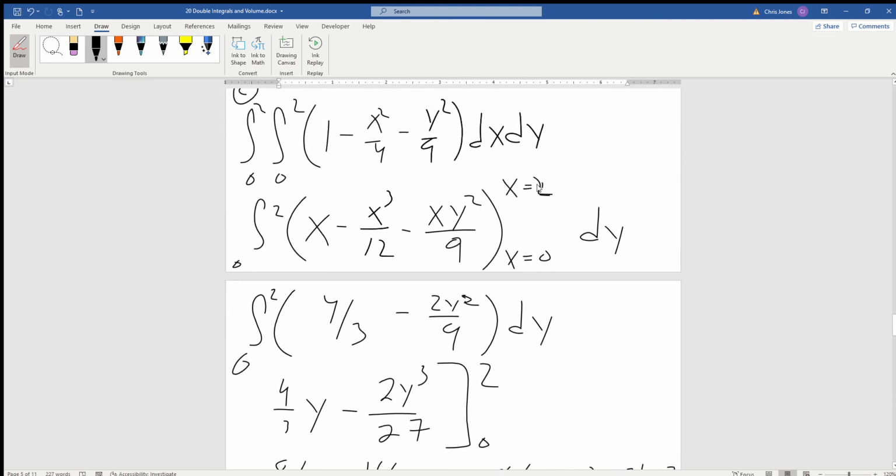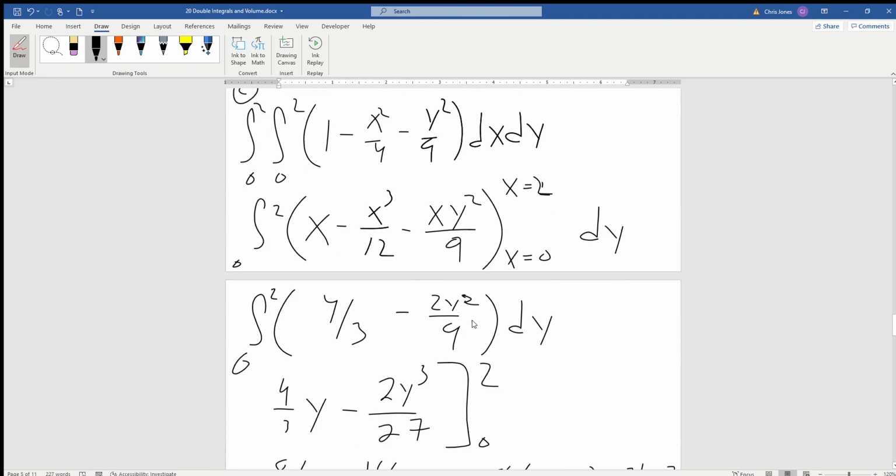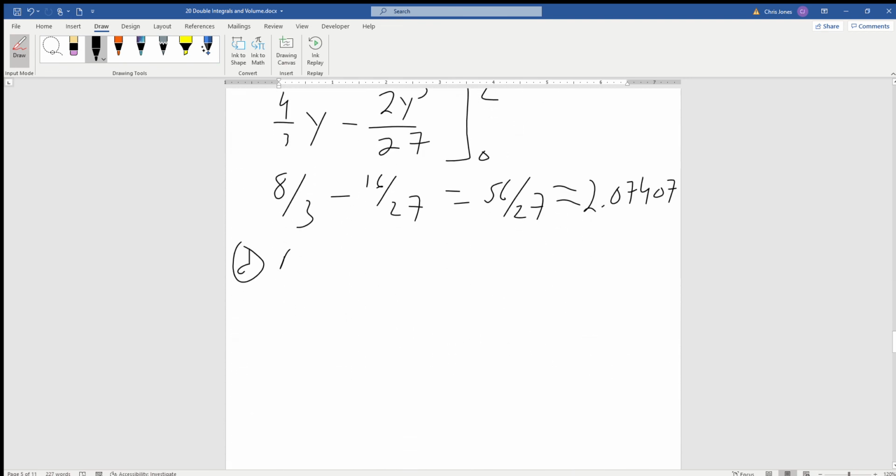Well, if we go all the way back, the midpoint was 2.19444, and then the exact was 2.07407. Alright, so they're reasonably close.